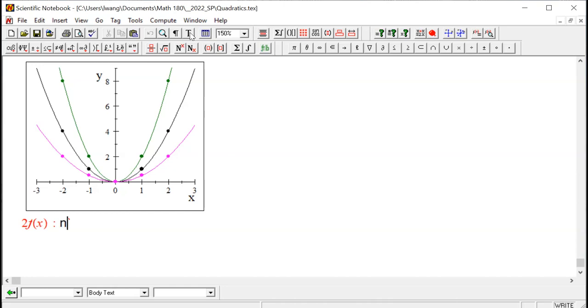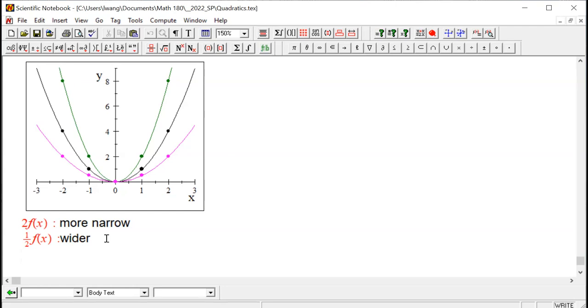It's narrower, more narrow. How about half of f of x? Okay, the output is halved, it's wider. Okay, wider.